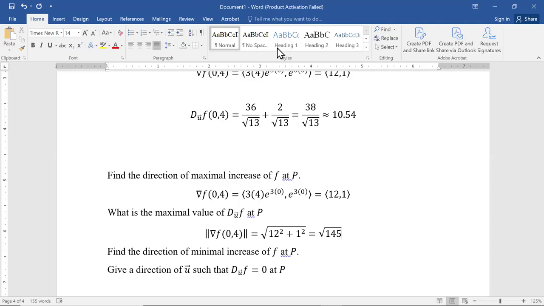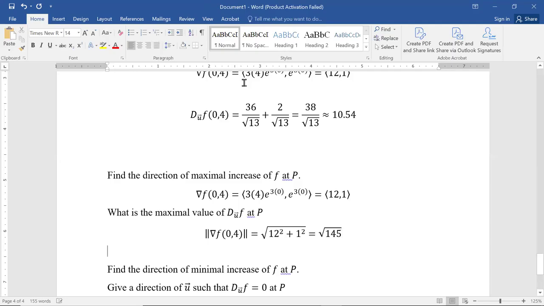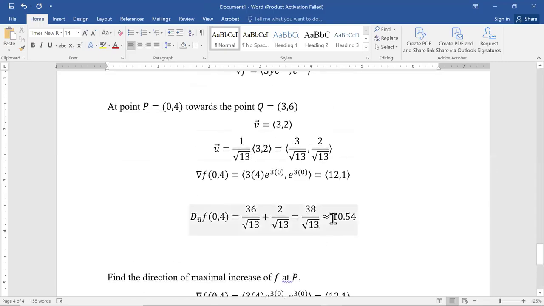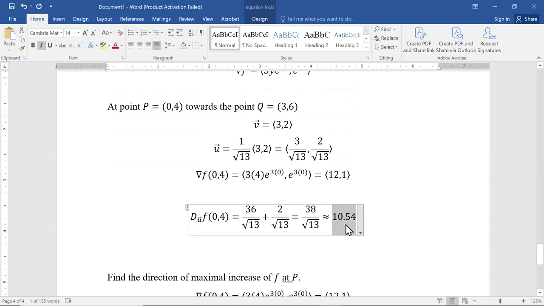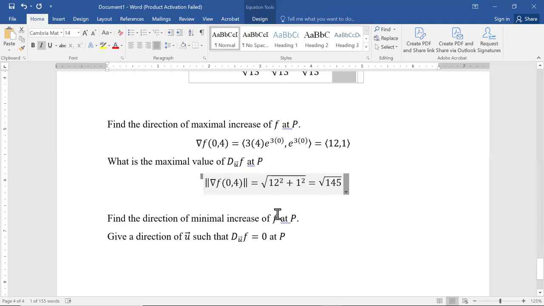That's just slightly over 12. Again, notice that the maximum value is slightly over 12. So obviously we didn't touch that in our direction, but we got fairly close.